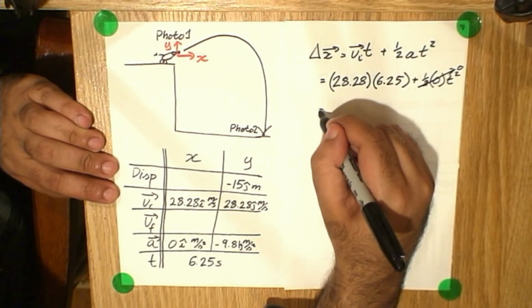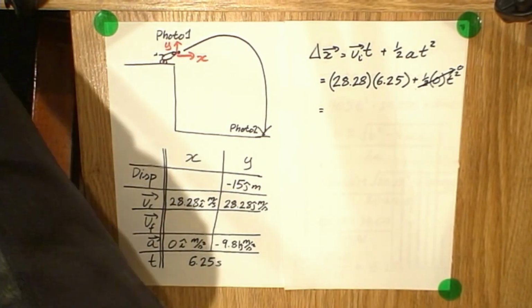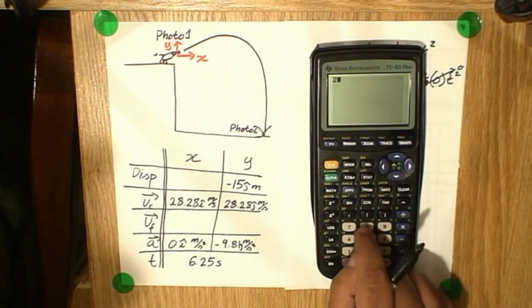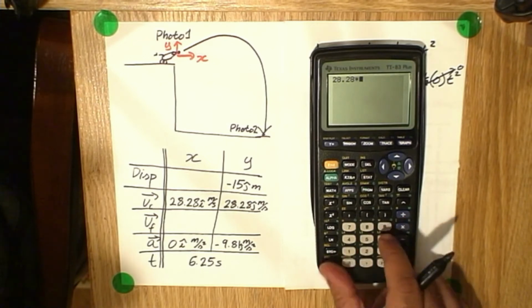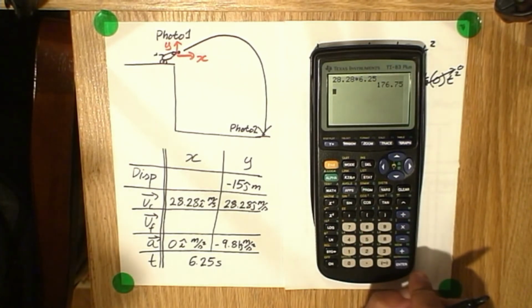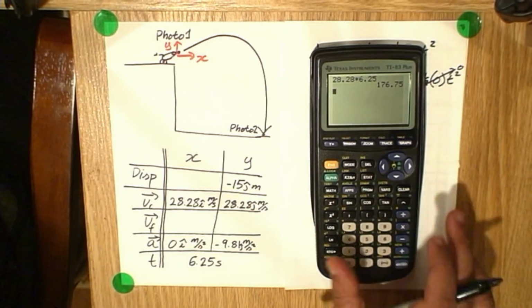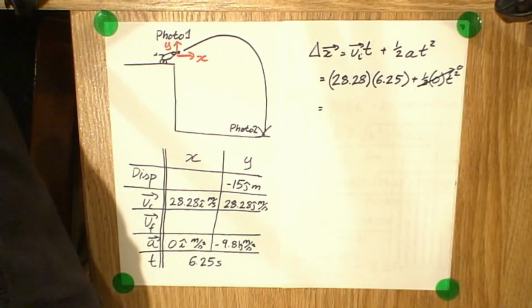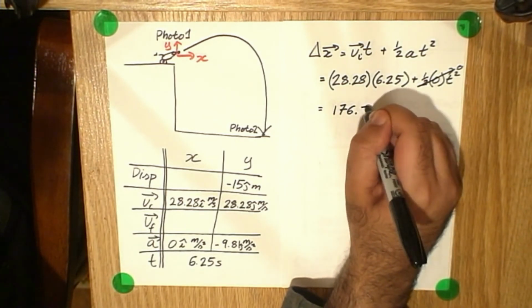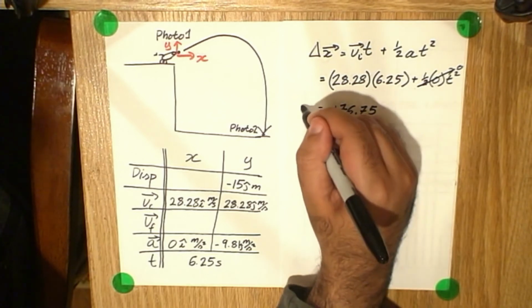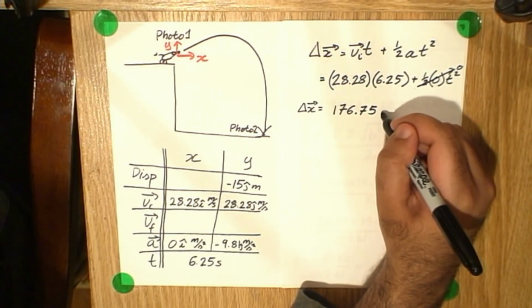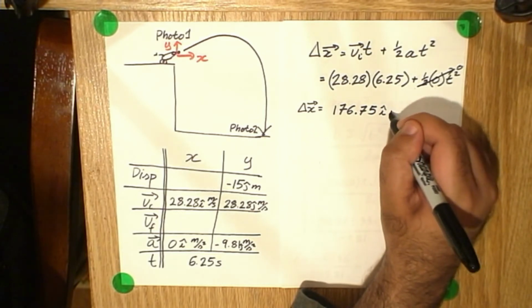So we're left with 28.28 times 6.25, which is 176.75. So that's our range. That's our displacement in x, 176.75 i hat meters.